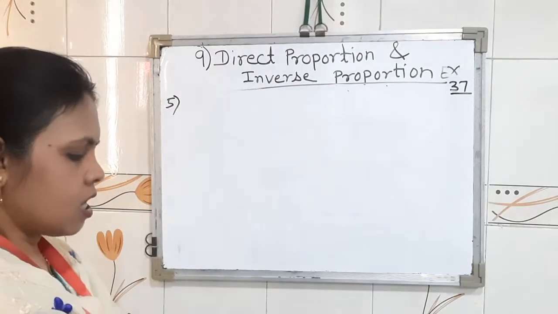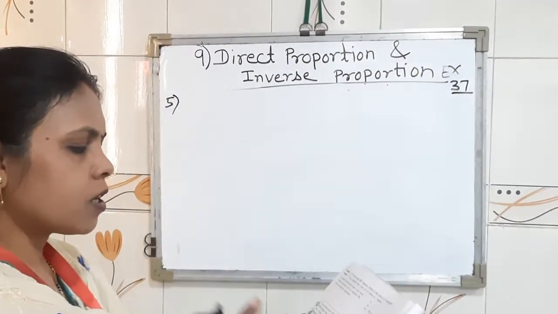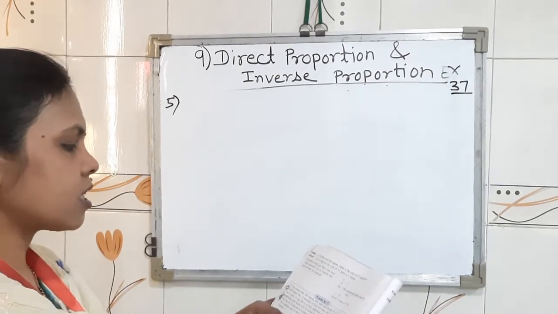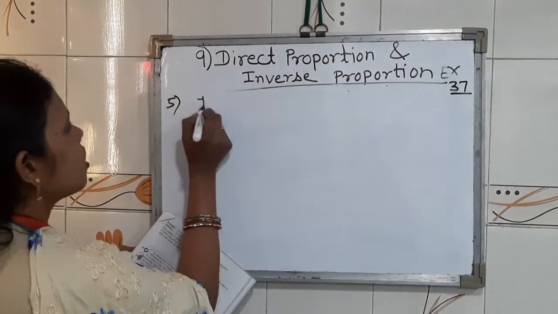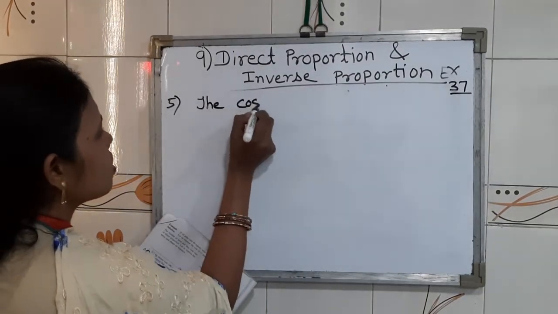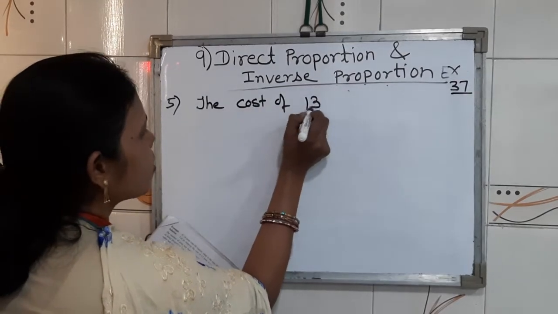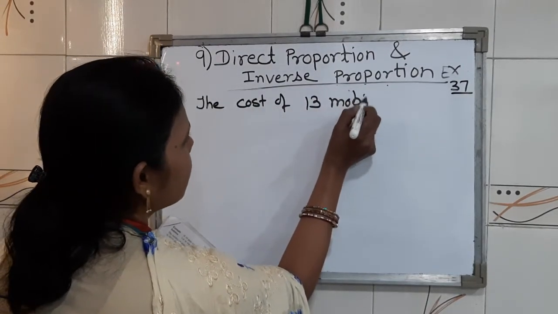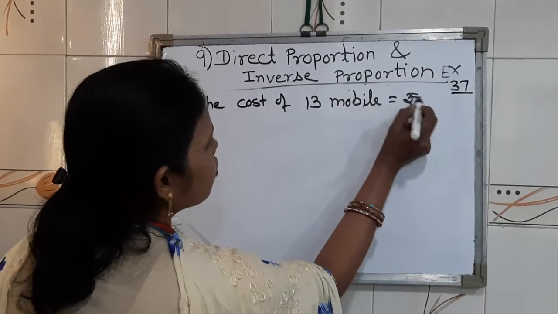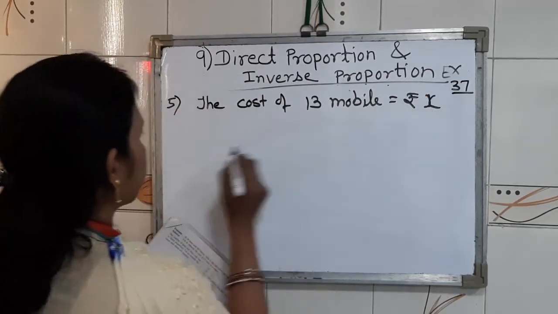Fifth one: we want how much money will be required to buy 13 such mobiles. Write down the cost of 13 mobiles equal to rupees X.